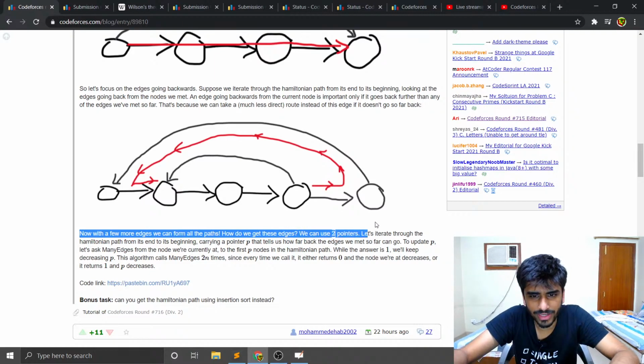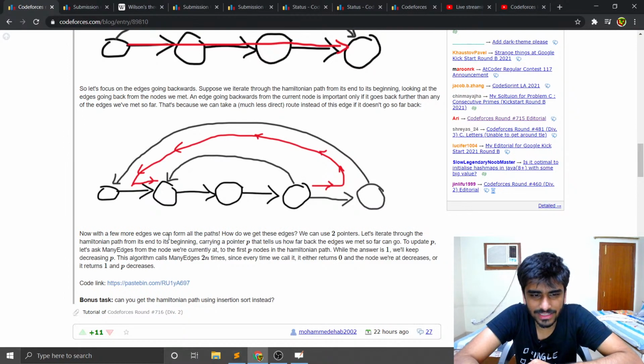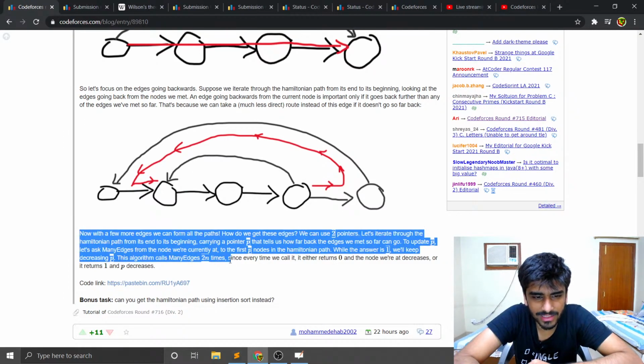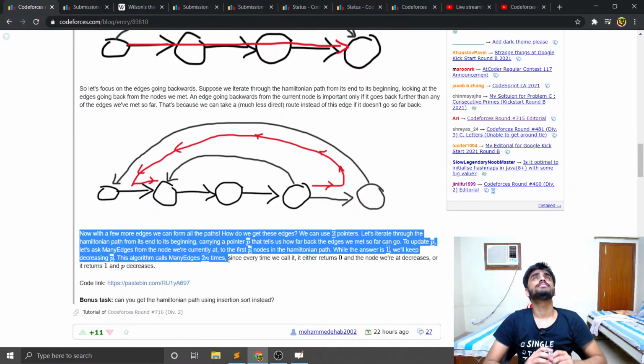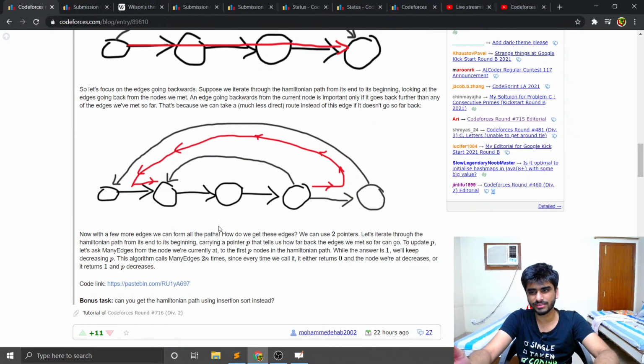So we use 2 pointers. I mean, what I did is exactly the same thing. I even asserted that I have found the Hamiltonian path. I have no idea why this didn't work.